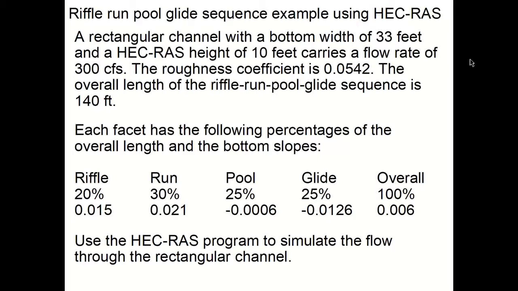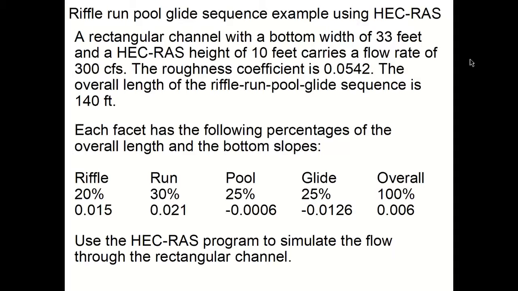The pool comprises 25% and it has a slope of negative 0.0006. The glide has a composition of 25% and has a bottom slope of negative 0.0126. If we look at the overall sequence, it has the average bottom slope of 0.006.